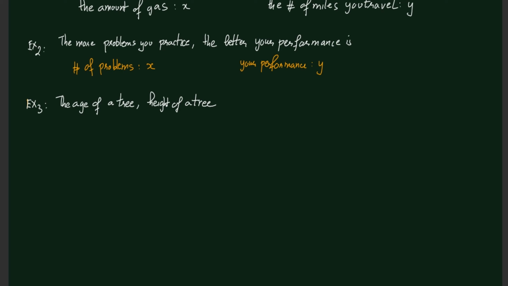So I can say that, this is what variable? The age of the tree and the height of the tree. So the height depends on the age. So I can say this is independent, right?